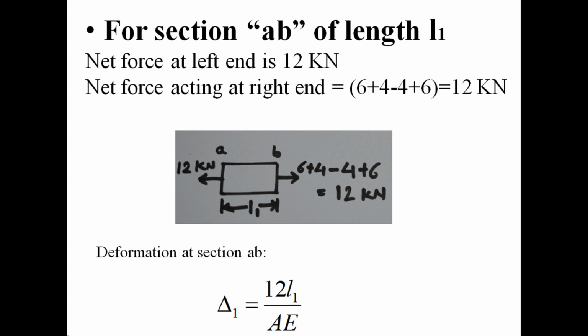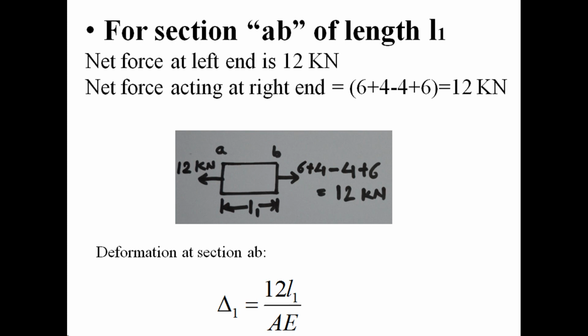Now at the right end, if we consider the direction of tensile force as positive, the net force will be 6 plus 4 minus 4 plus 6, which is equivalent to 12 kilonewton.